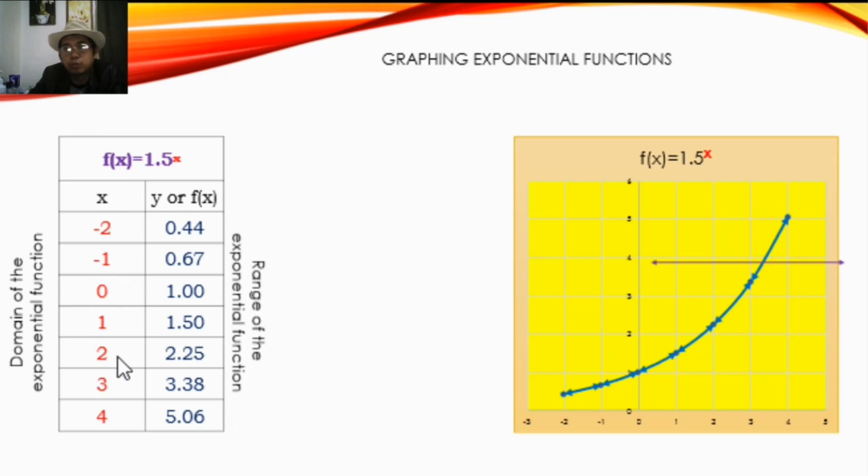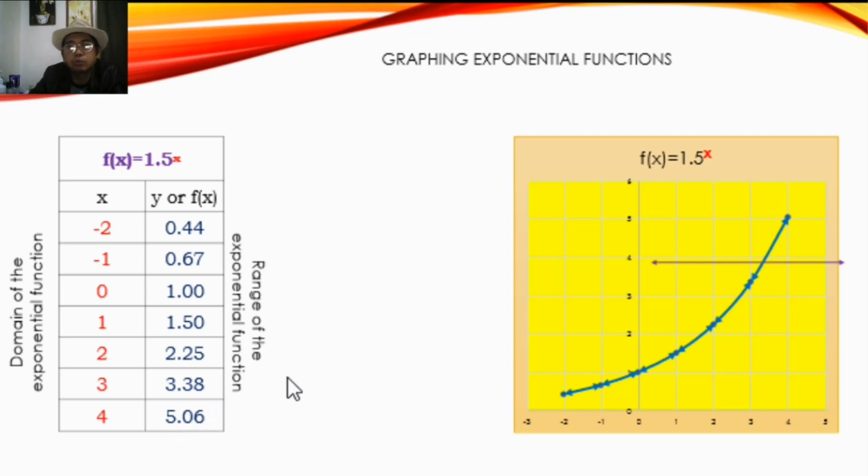The next one would be, after having now the domain of the function and evaluation of the function, we can have now the result of the function, which are 0.44 up to 5.06.